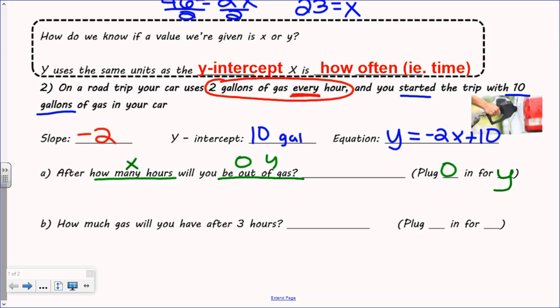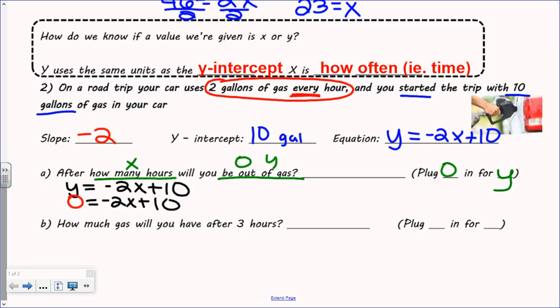So then we take our equation, y equals -2x plus 10, and we're going to substitute in 0 for y. So 0 equals -2x plus 10.